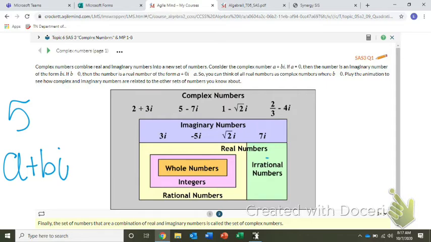It's just missing the complex. So 5 is the same thing as me saying 5 plus 0i. Okay, so that's why all numbers are complex numbers, which is why your box on number 1 has complex at the top and it goes around the whole thing. Okay?